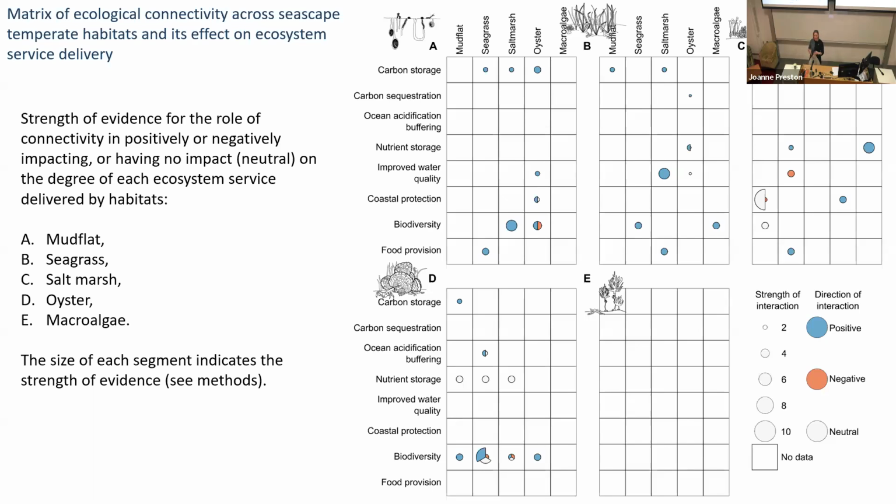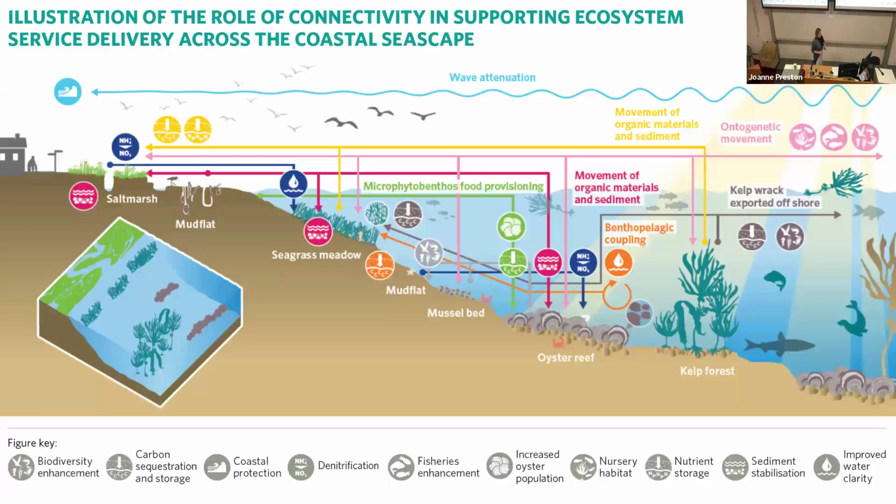The crabs then go and eat the infaunal bivalves. So whether the relationship is positive or negative in terms of food production and biodiversity depends on whether you're a crab fisher or a clam fisher. So it's nuanced and it's often site specific, but lots of things for us to explore and find out.